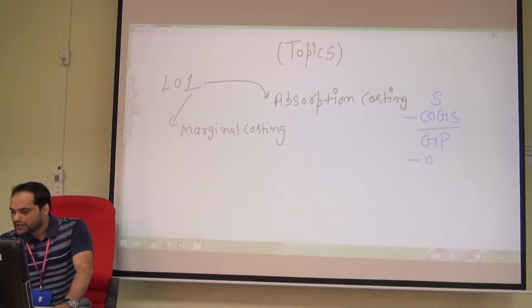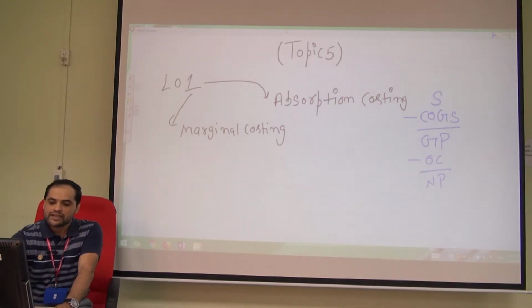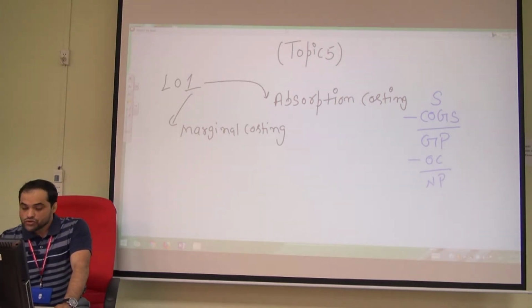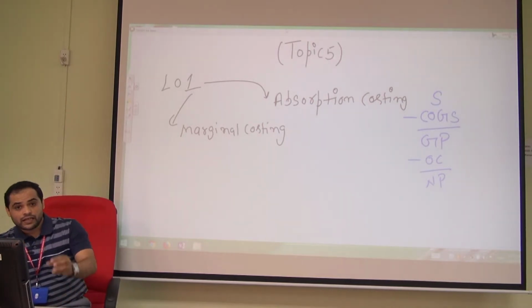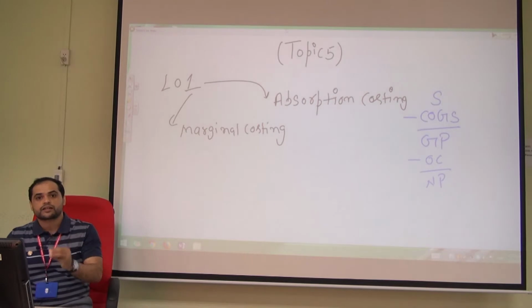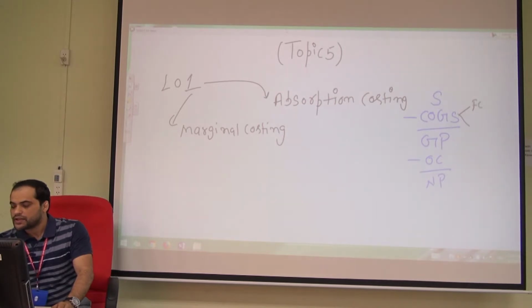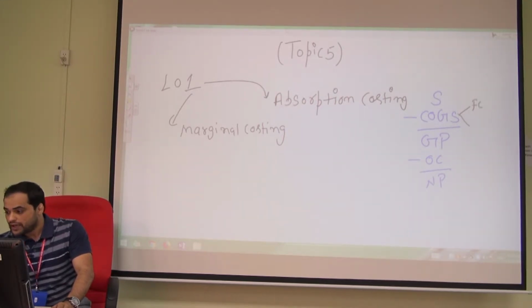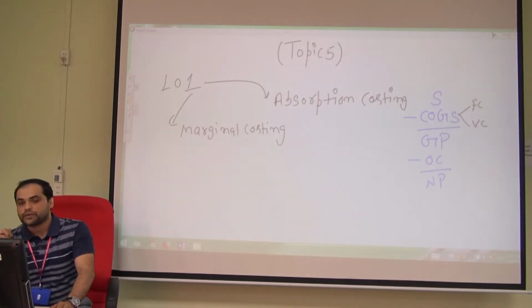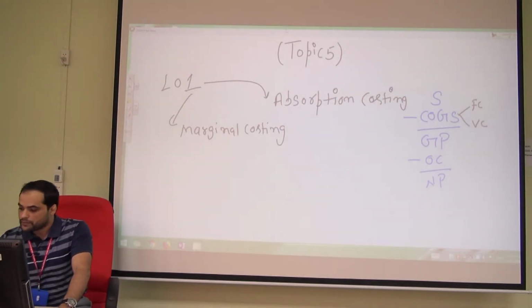Minus operating cost is net profit, right? So here the idea is that manufacturing cost will be used to estimate product profitability. In this cost of goods sold, we have fixed manufacturing cost and variable manufacturing cost. Right? Fixed and variable manufacturing.